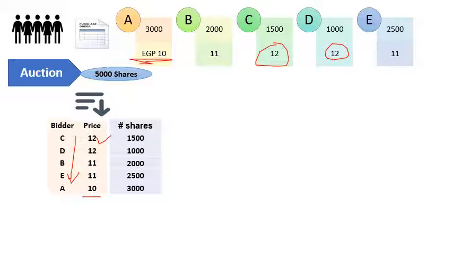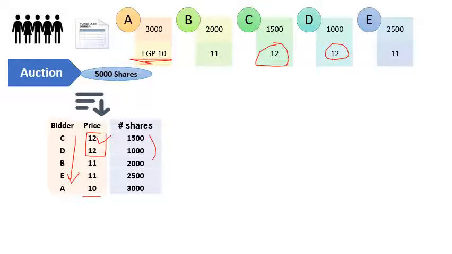The second step is to calculate what is called cumulative shares at each price level, which means at the price level 12 Egyptian pounds, we have two orders, 1,500 shares and 1,000 shares.